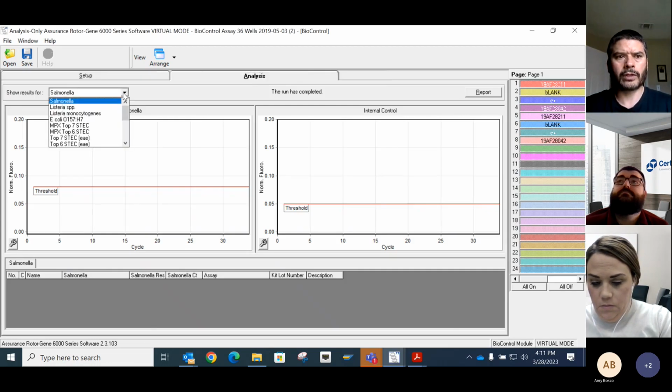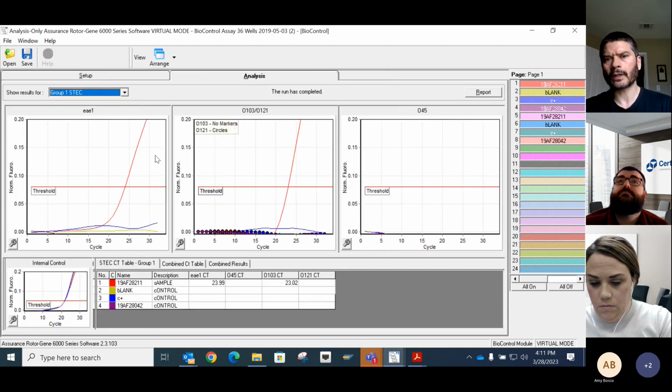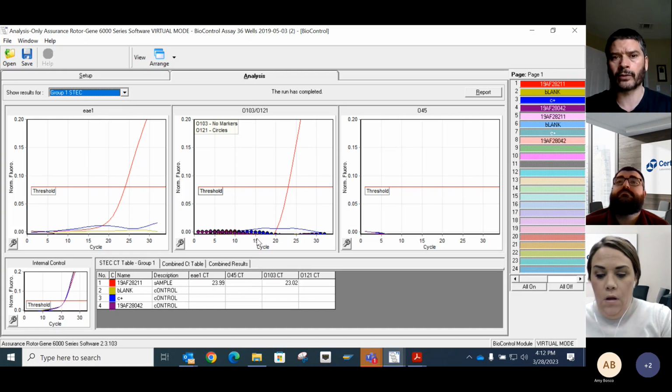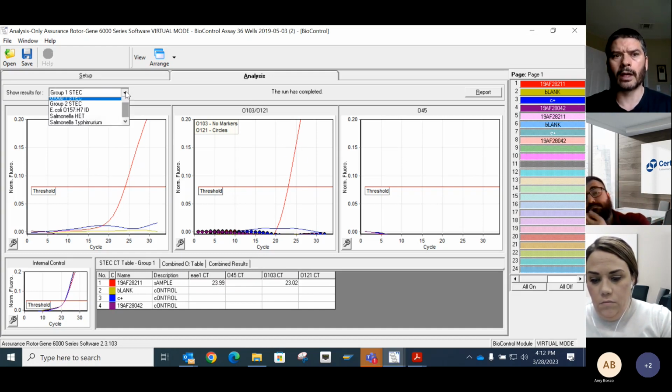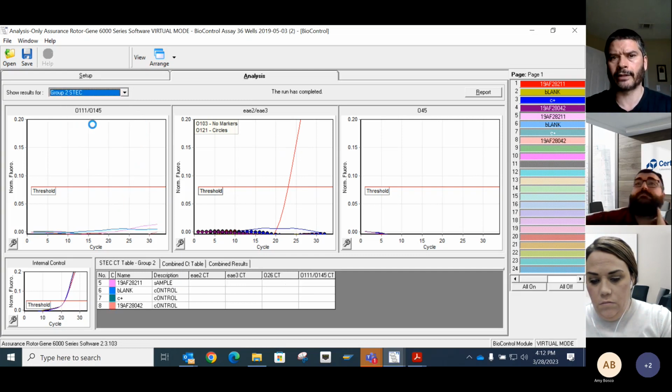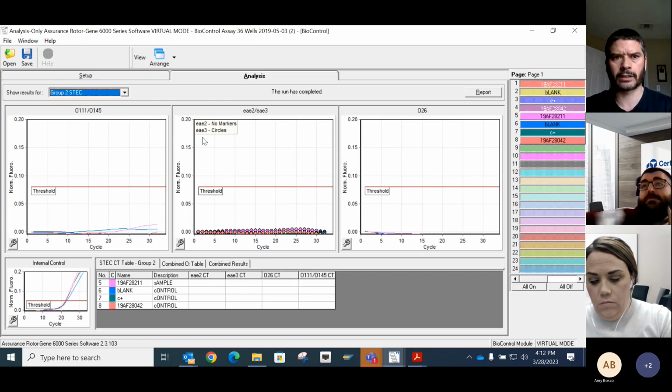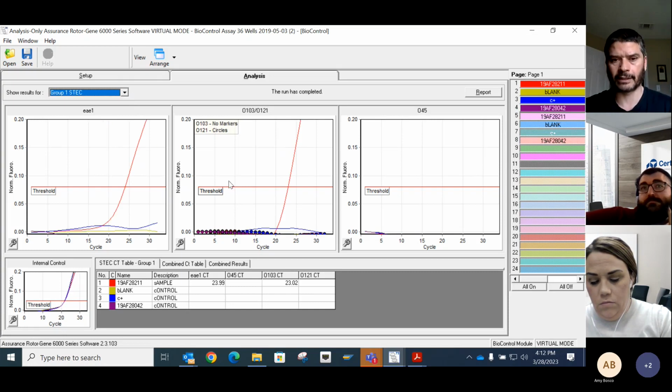And when you look at the results, it's only going to show you the group 1 and 2 at a time, but really what the lab needs to do is look at the combined results. They need to look at here and make sure everything looks normal, but they don't need to try to understand what causes which organism to be positive.